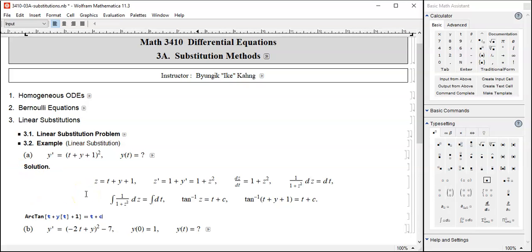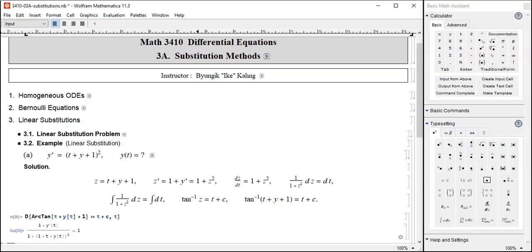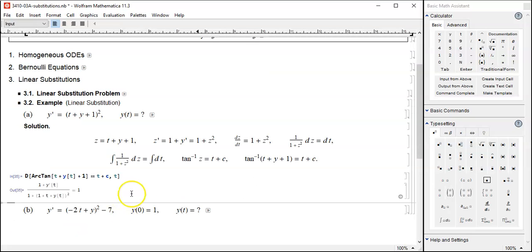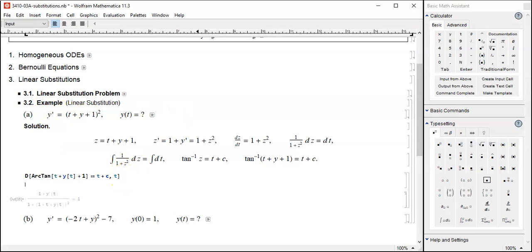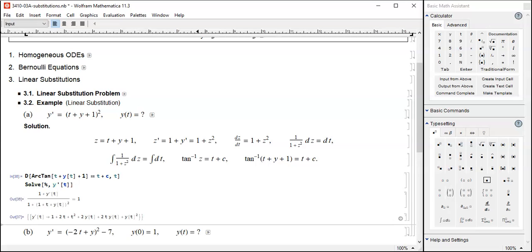Yes, that's right. And take the derivative with respect to t implicitly. That's what you get. Now, here, I want y prime equal to something, so solve the previous result with respect to y prime of t, and let Mathematica handle it.